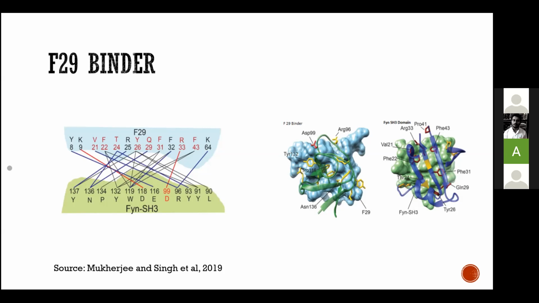The blue ones are the protein-protein interactions, and the black ones are mostly salt bridges, and the red one I forgot actually. I'll confirm and tell you. So this is how they got to know. This diagram shows how the Fyn binder interacts with Fyn SH3, and as observed, the blue, black, and red lines tell you the interactions happening between them.